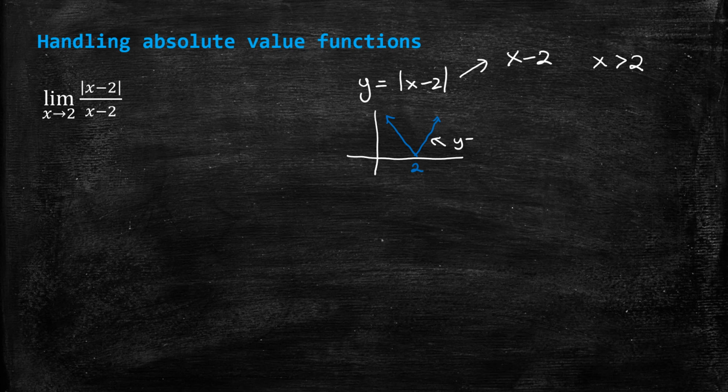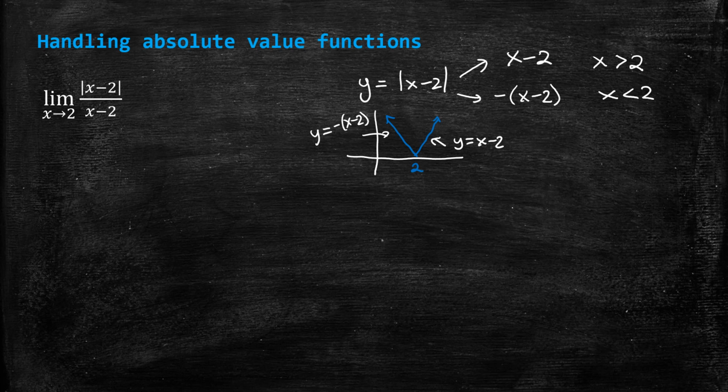And that would be the equation of this branch. On the other hand, when x is less than 2, x minus 2, that quantity will be negative. We put the absolute value around to become positive. So the quantity x minus 2 will be negative. The only way to make it positive without the absolute value sign is to put a negative on the outside. So that is the equation of this branch.